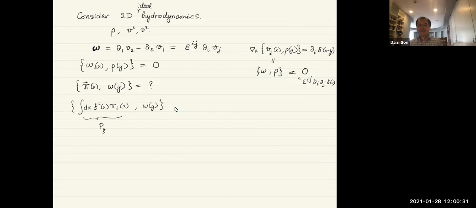So we can just try to compute this commutator, this Poisson bracket. And that means that what we need to do is to analyze how this quantity is transformed under an infinitesimal coordinate transformation.